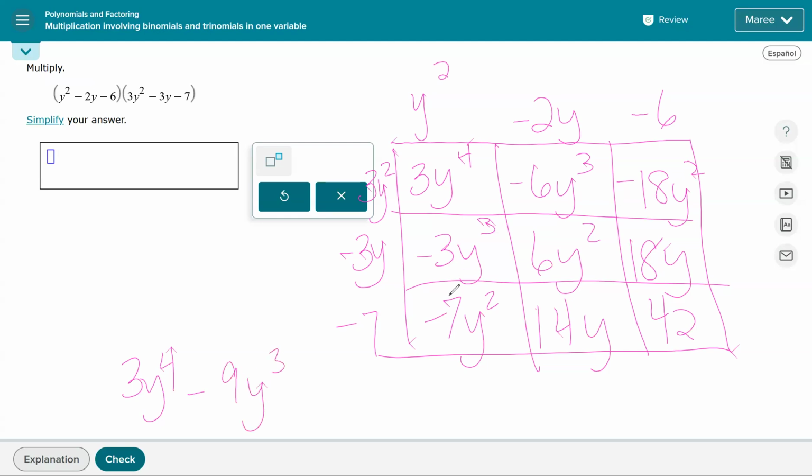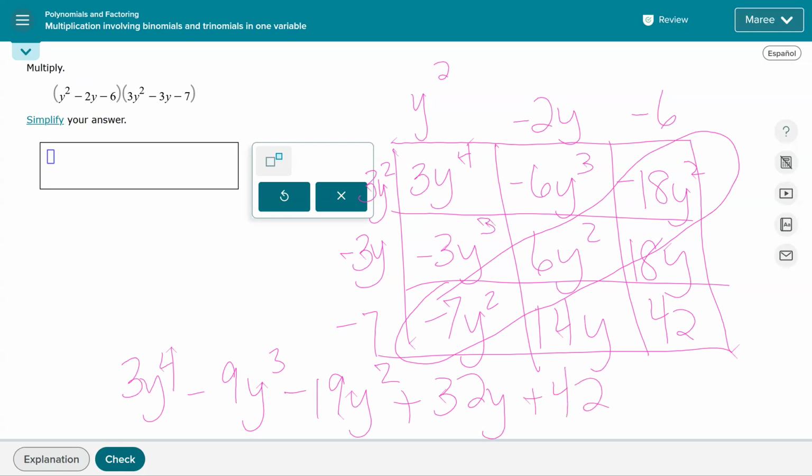And look at this, we've got three squareds that we're putting together. Negative 18 plus 6 is negative 12. Minus 7 is negative 19y squared. And then we have 18 plus 14, which is 32.